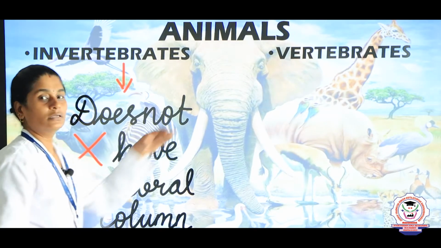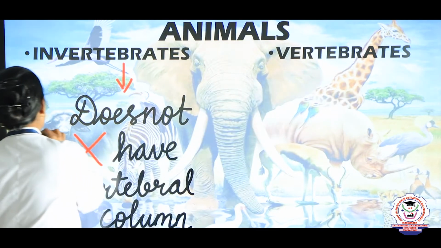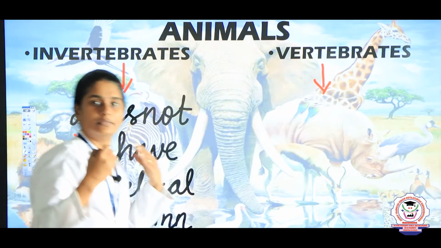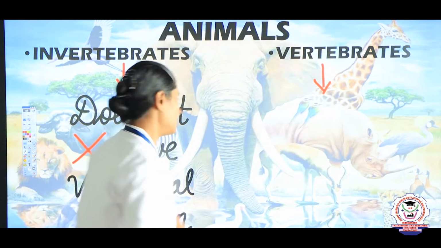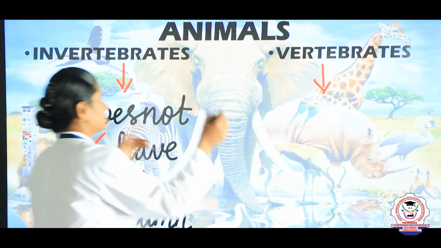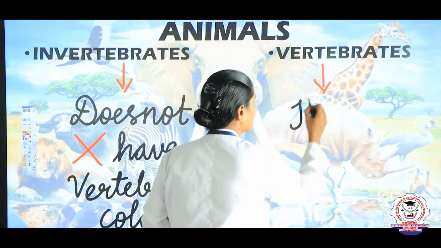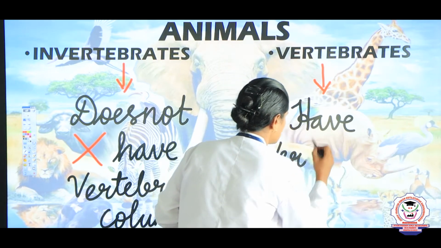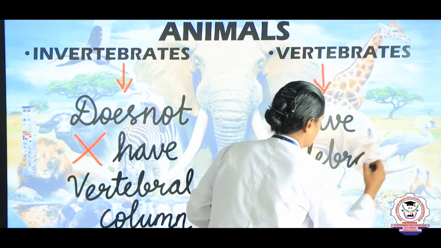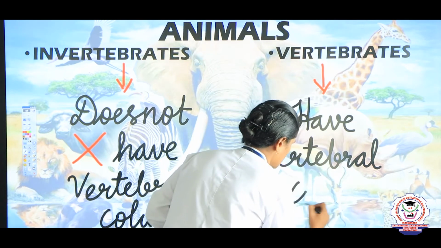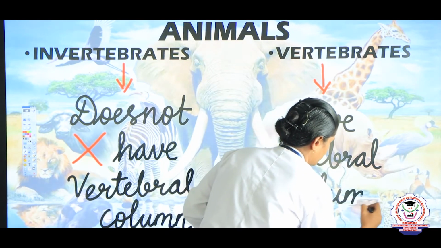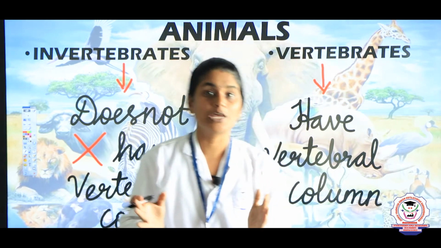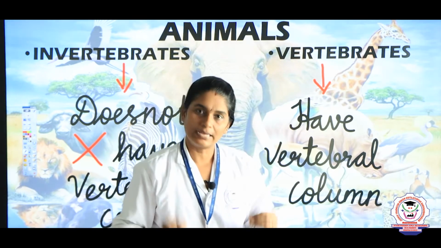But vertebrates are the animals that have a vertebral column. So the animals are classified into two big groups according to their body.